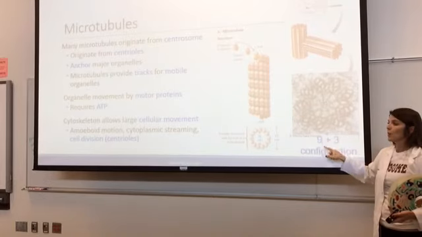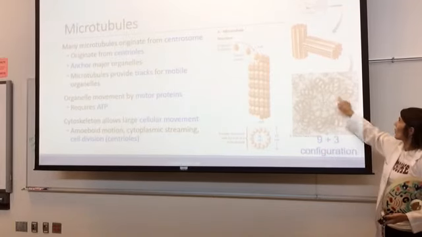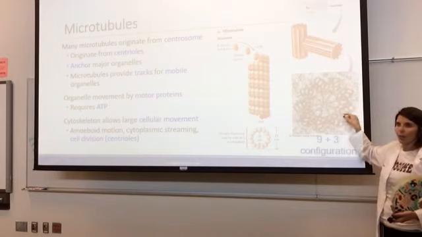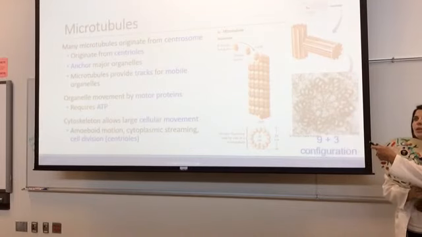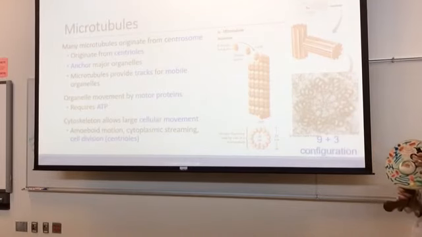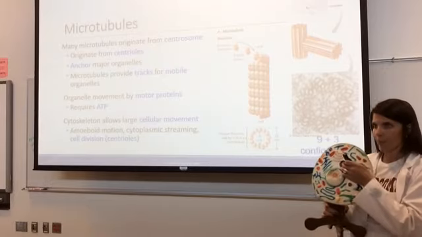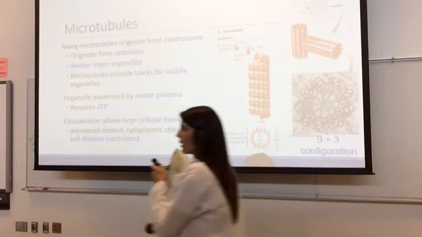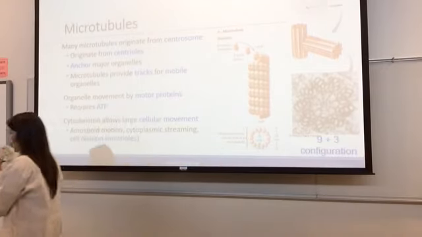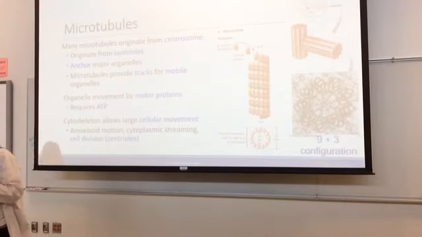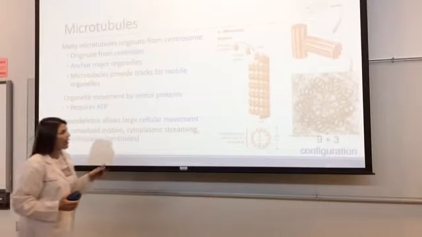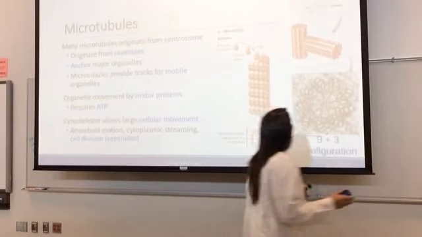There's 9 groups of 3. So there are 9 groups of 3 microtubules together that create each centriole.